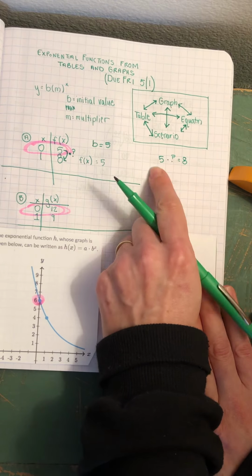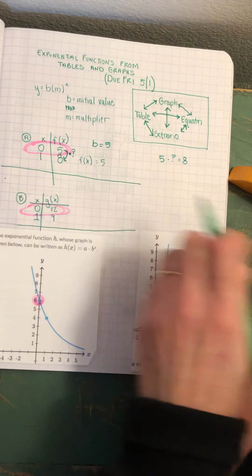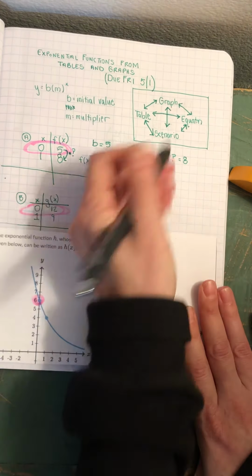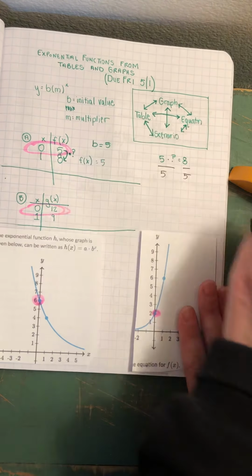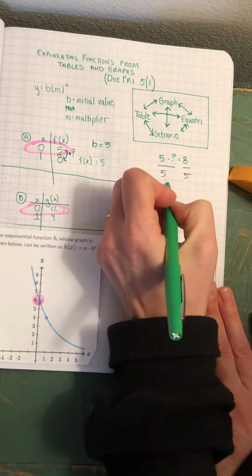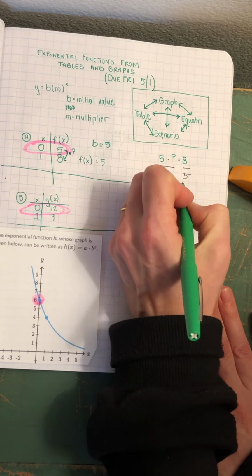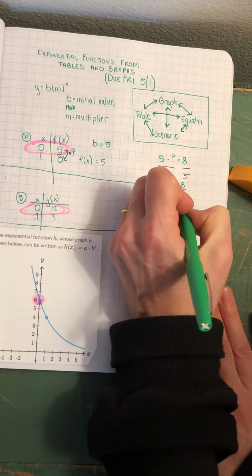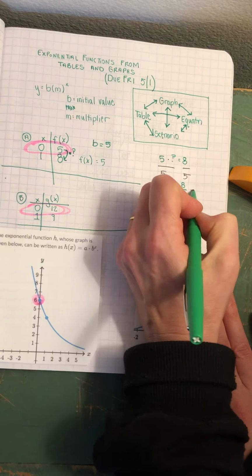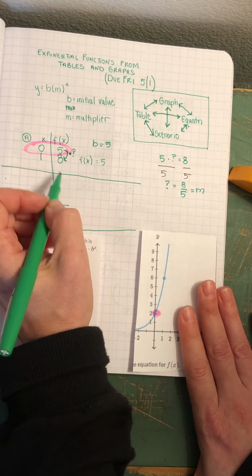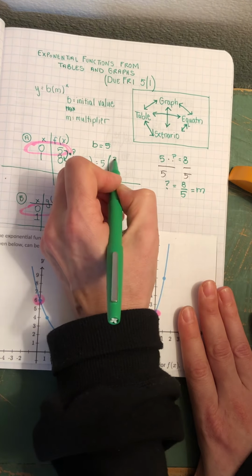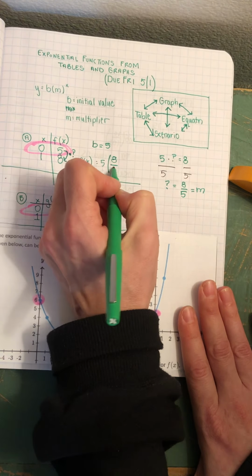So how do I undo this 5? Well, if two things are multiplying, to undo, we divide both sides. Ladies and gentlemen, it's pretty much as basic as that. So that's my M, that's my multiplier. It is these two divided by each other, or 8 over 5.